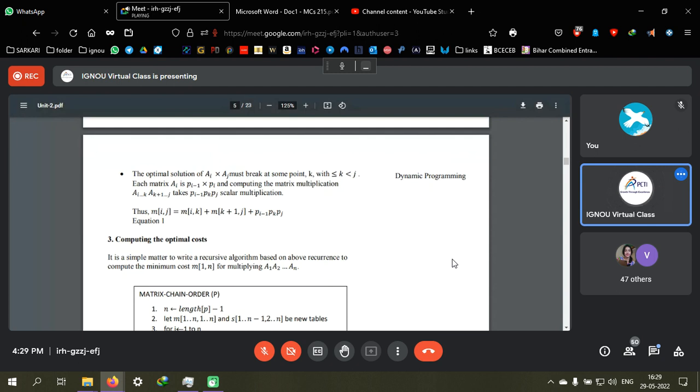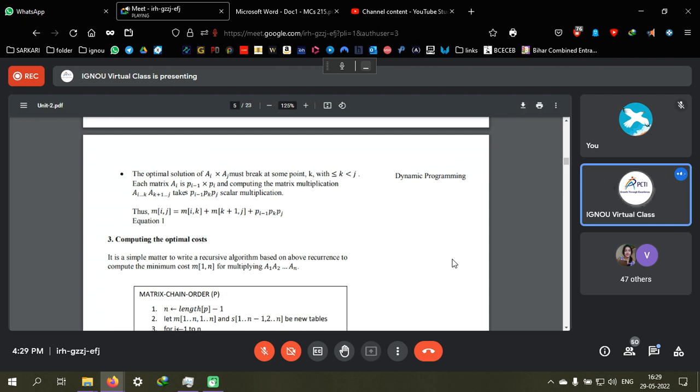And also put some parameters. Parameters should be P(i-1) multiplied by P(k) multiplied by P(j). So whenever you are computing M[i][j], you use this formula: M[i][k] plus M[k+1][j] plus P(i-1) P(k) P(j).